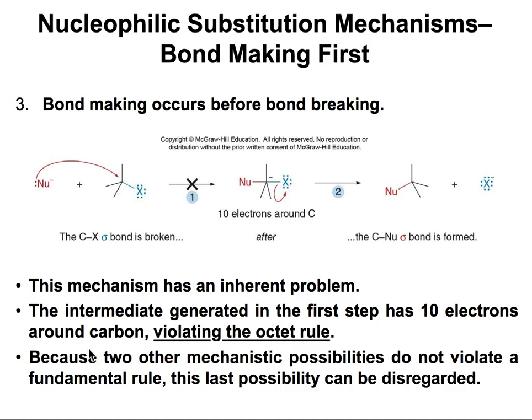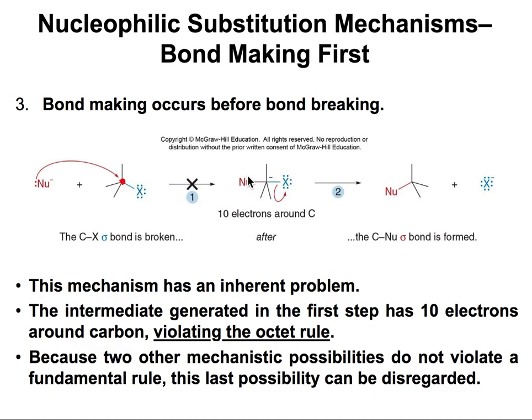And finally, the last option is that the nucleophile attacks, gets together, and then the leaving group leaves. But that is not possible. The reason why that is not possible is because this carbon is already connected to 4 things.